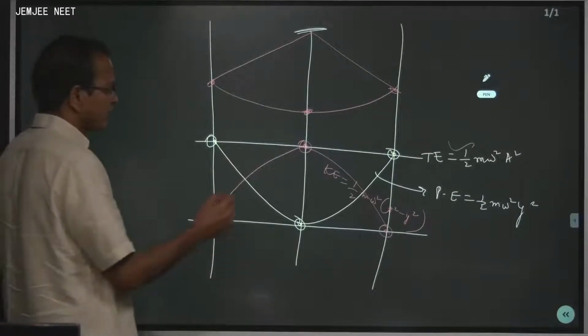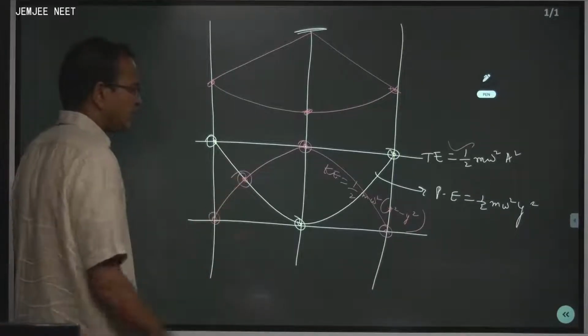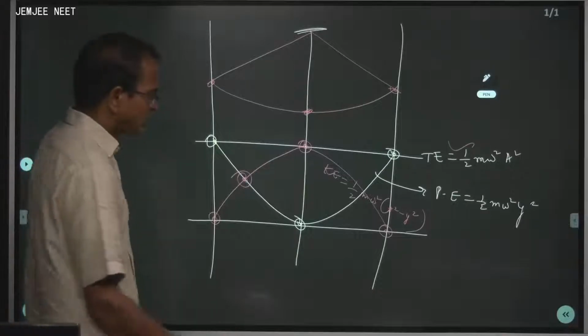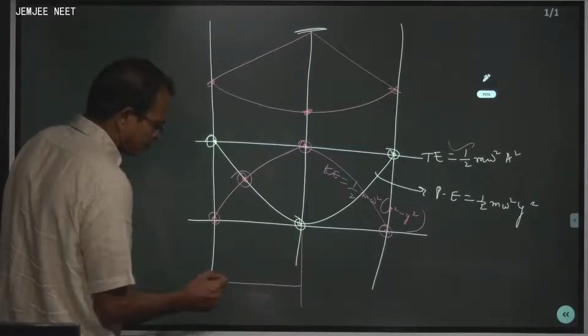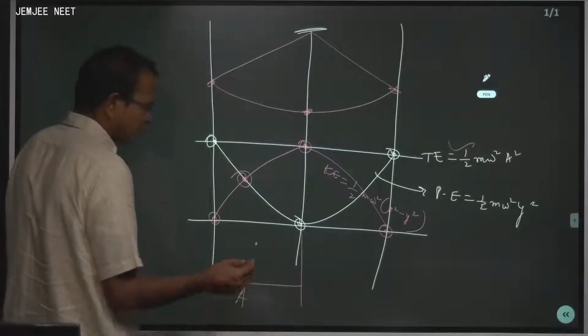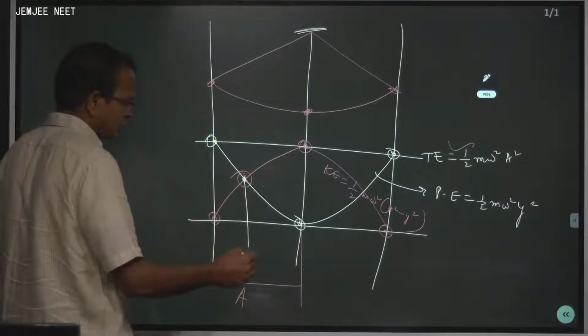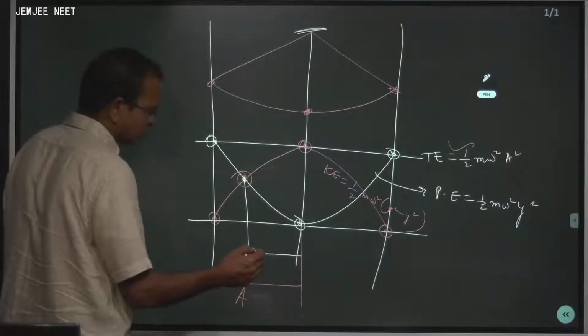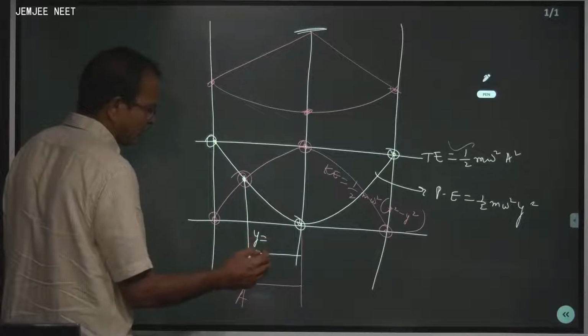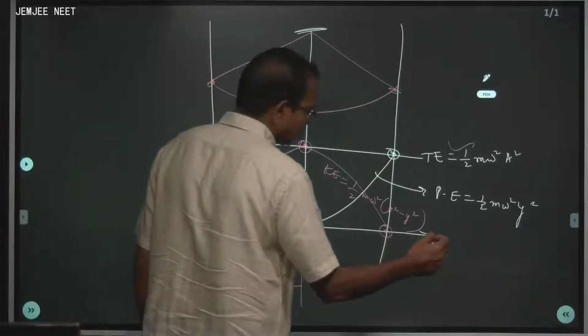So this is the point where kinetic energy is equal to potential energy. If the amplitude of the simple harmonic motion is a, where can you expect this point to be? What is the y value for this?